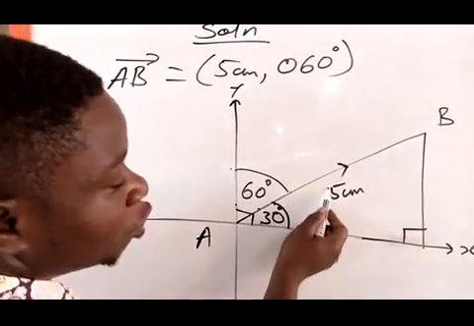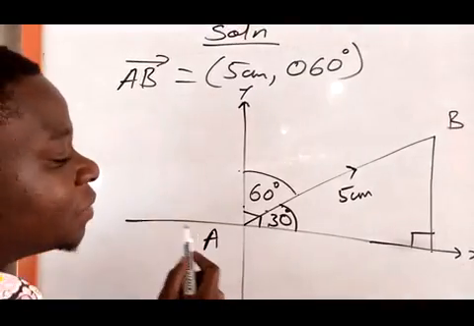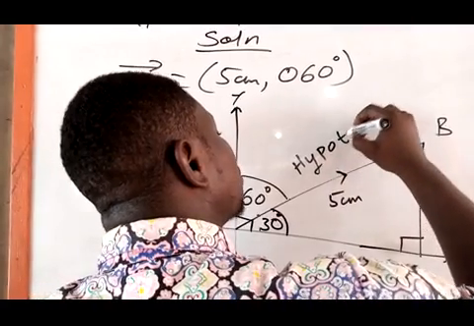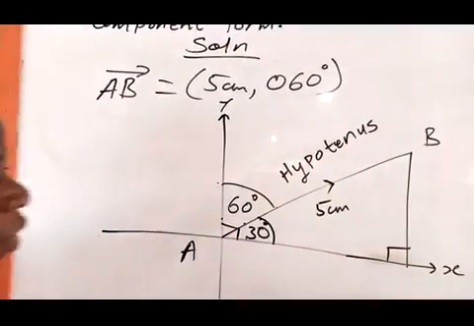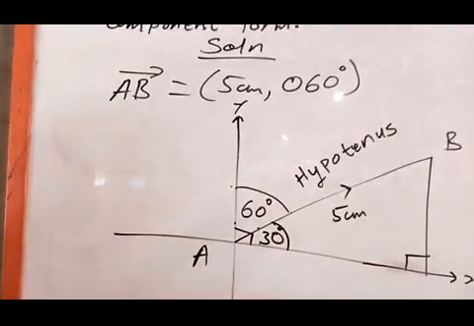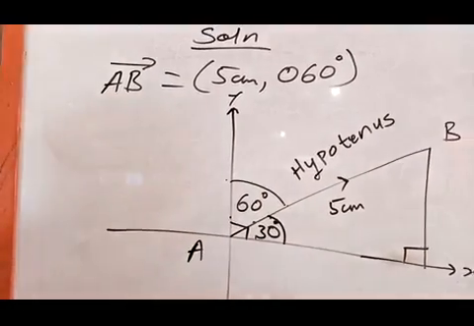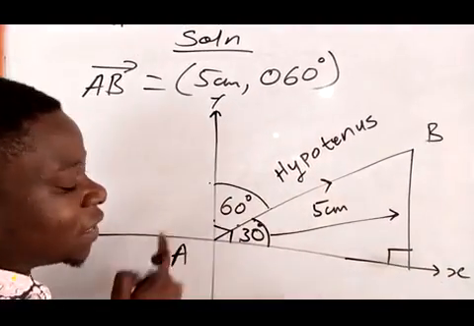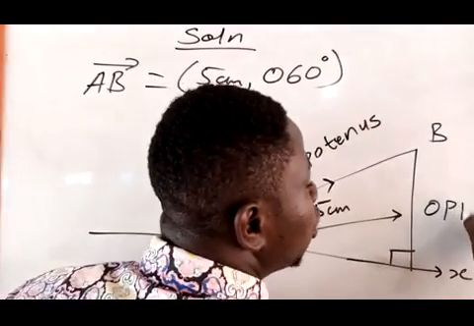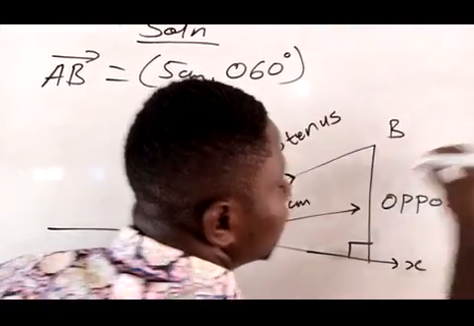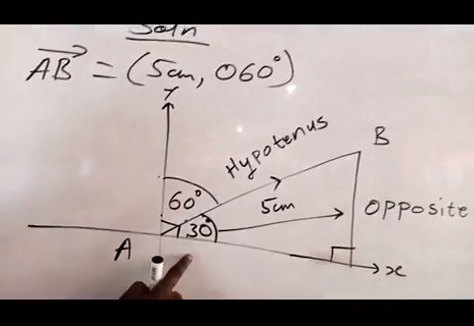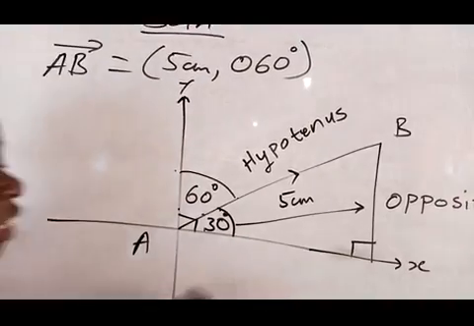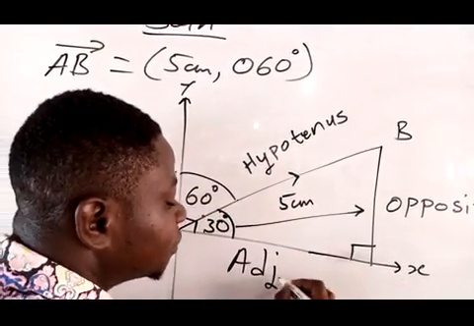Automatically this length becomes our hypotenuse. This angle is what is going to help us find whatever we are looking for. So the side that is opposite this angle is called the opposite, and the side adjacent to the angle given is called the adjacent.